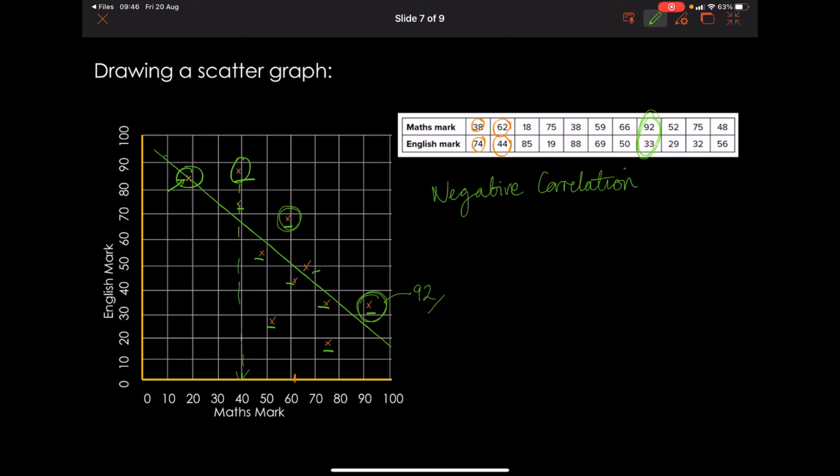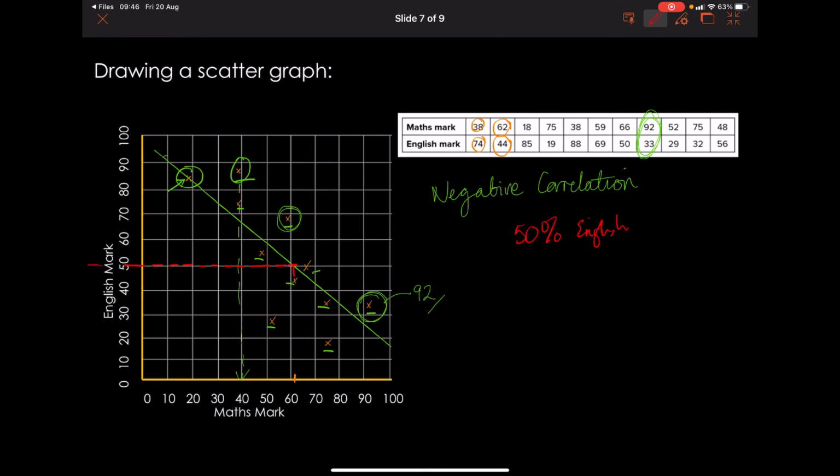We can also say that if somebody, now we can use our line of best fit, remember, and we can say that if somebody gained 50 marks in English or 50% in English, what did he get in maths? We can go across from English, which is here at 50, across to our line of best fit.